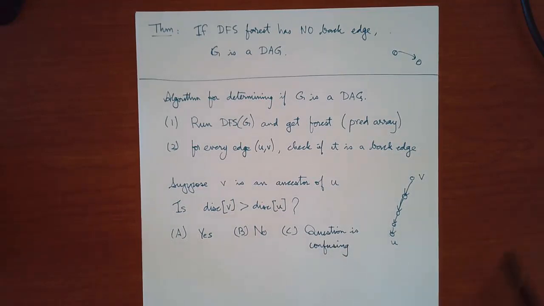Here's a question. I want you to think about discovery times, and I'll launch the poll. If V is an ancestor of U in the DFS forest, go ahead and answer and then I'll clarify.